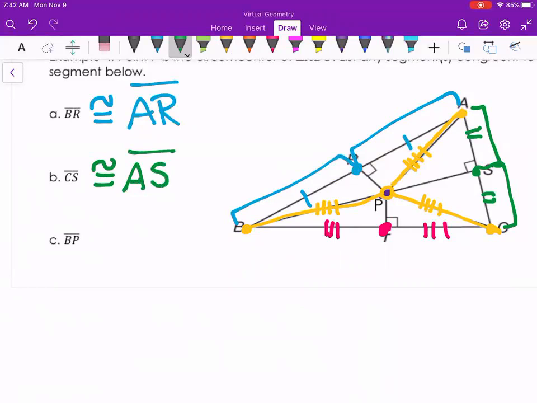And now let's do the last one. BP, segment BP, goes from a corner to the midpoint. So it's congruent to two other pieces. Corner to midpoint, so A to P, segment AP. And congruent to CP. So it's all about knowing where are the congruent pieces here that we need.